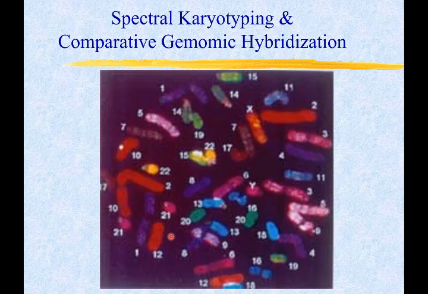So this is especially done for cancer, where there could be multiple translocations, and it can easily be seen in these. Comparative genomic hybridization is usually done for the fetus as well. Sometimes we do it for the fetus, where it can detect gains or losses in the chromosomes.